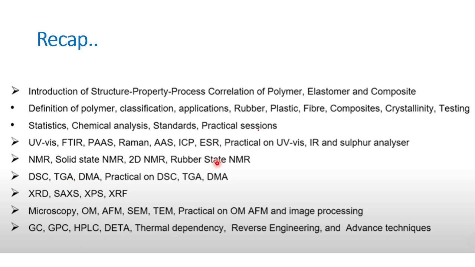So at last, with this 12-week course, we have started from the introduction of the structure property relationship, correlation of polymer, elastomer and composite. We have vividly discussed different spectroscopic analysis, that is UV-Vis, FTIR, Raman, and also NMR. And in NMR, we have also discussed solid state NMR, 2D NMR, and also different nuclei like 13C or 1H.